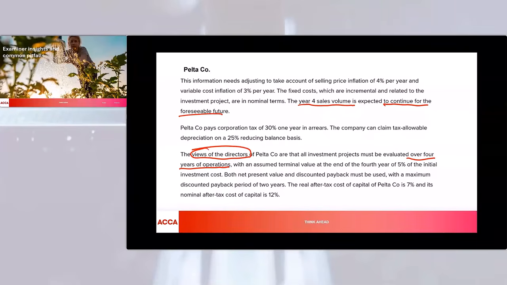The examiner also assumes a terminal value at the end of the fourth year, which is 5%. And he says that both NPV and discounted payback period must be used, with the discounted payback period not being more than 2 years. They have given that the after-tax cost of capital is 7% and the nominal is 12.